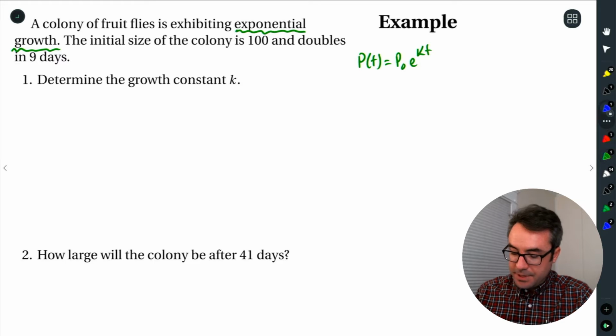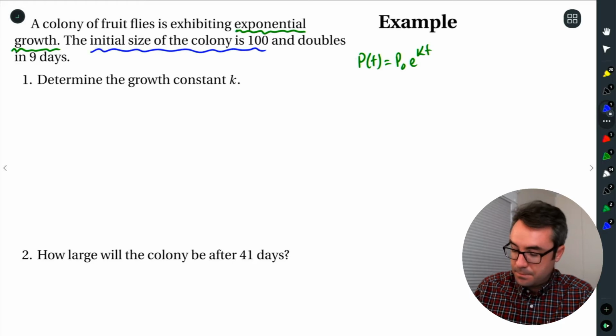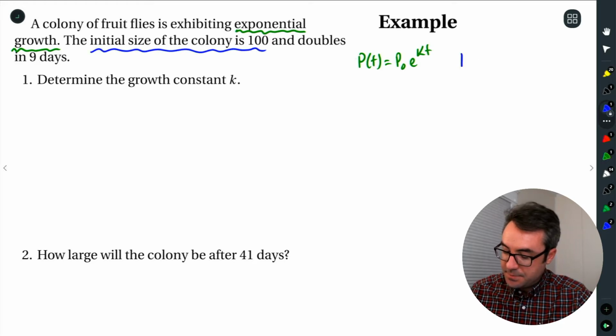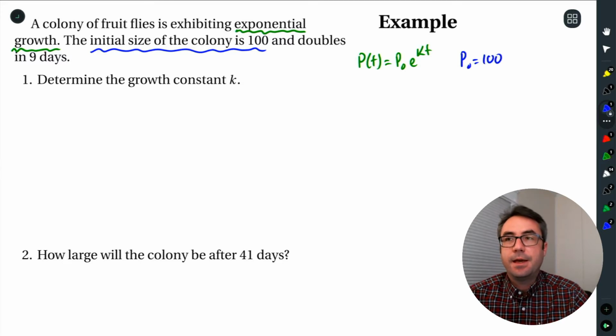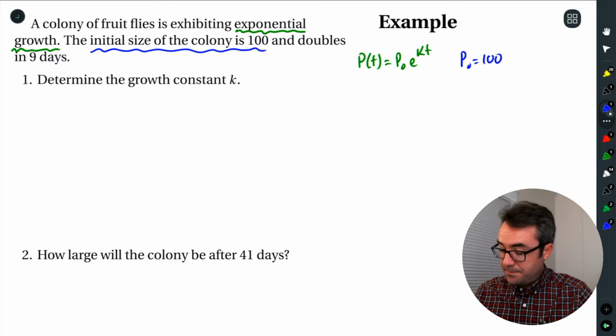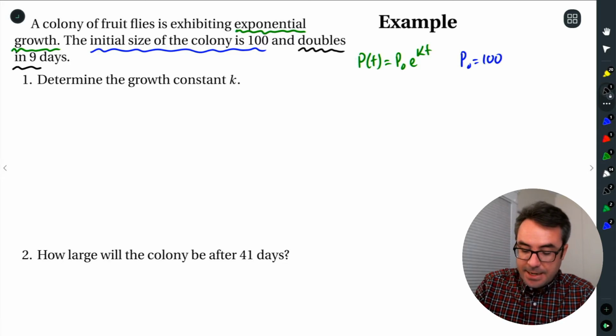We're also told the initial size is what? 100. So that tells us P of 0 is equal to 100 in our equation. And then we're also given that our population doubles in 9 days.